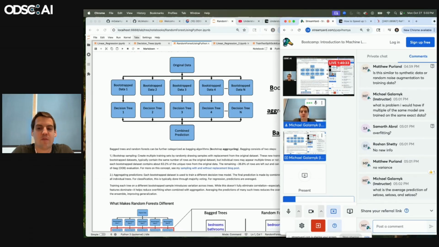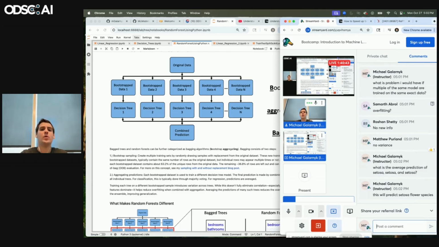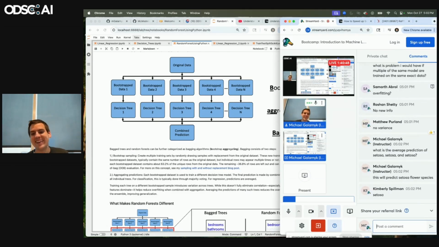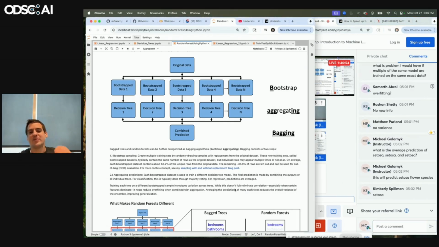And I had a majority vote. So this prediction will predict Setosa, and this will predict Setosa flower species. Well, that's great. I mean, I can train the same model multiple times, right? But it's the same thing. There's no variance and there's no new info. That's very good, everyone.